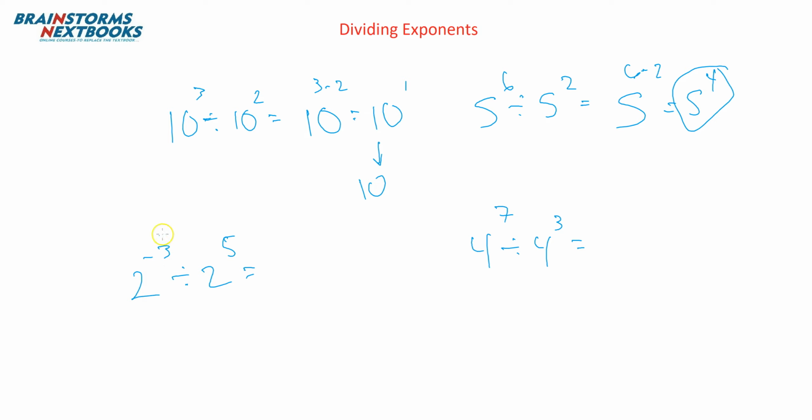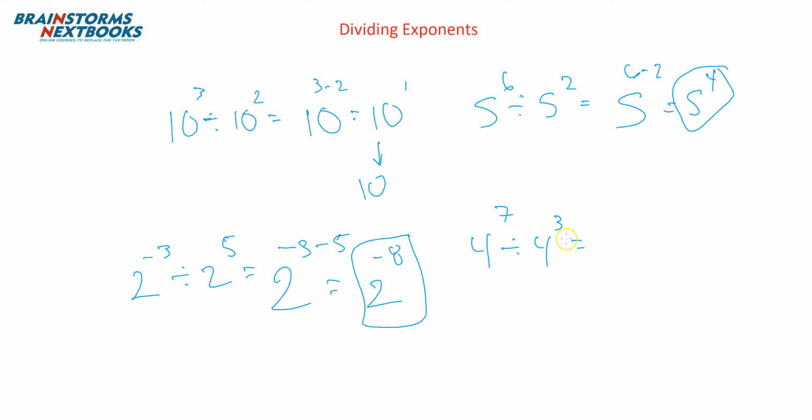If you have a base to an exponent divided by the same base to an exponent, you subtract them, so it's 2 to the negative 3 minus 5. That is totally allowed. We have this guy minus this guy. Who cares if it looks weird? So now I have 2 to the what? Negative 3 minus 5 is negative 8. That is your answer. Of course, later you'll probably flip that to 1 over 2 to the positive 8, but we won't do that right now.